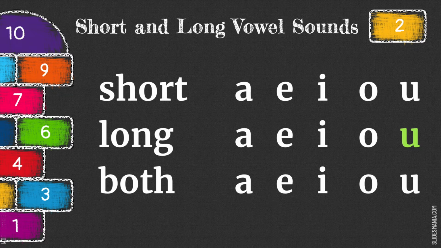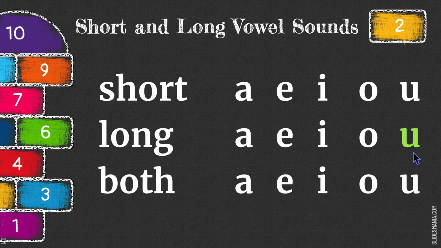Oh, but before we get to that, we are going to practice all our vowel sounds. So first, we will do the short sounds again. A, E, I, O, U. Now our long sounds. A, E, I, O. Don't forget, this one has two long sounds.